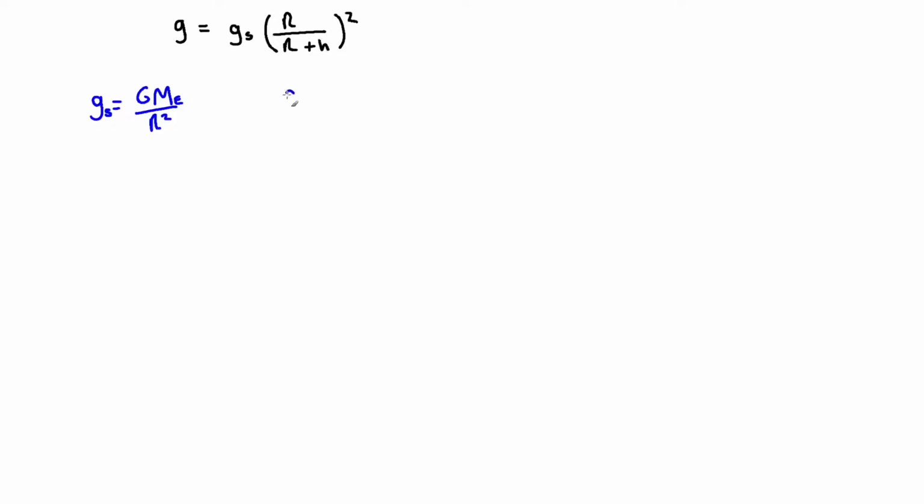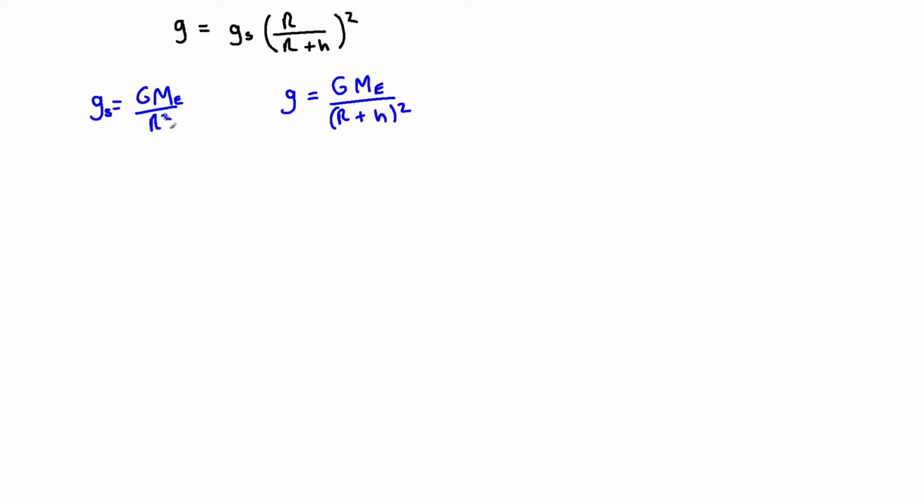We can then also write a similar formula for the gravitational field strength some height above the Earth's surface, which will be G M_E over, well, if R is the radius of the Earth and h is the height above the surface, we've got that formula. So that's the gravitational field strength at the Earth's surface and at a height h above it.